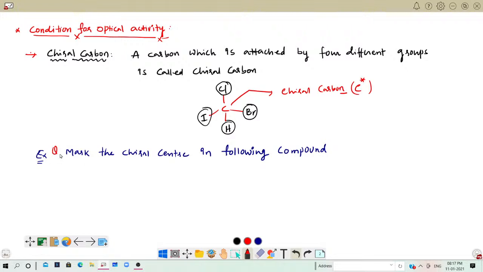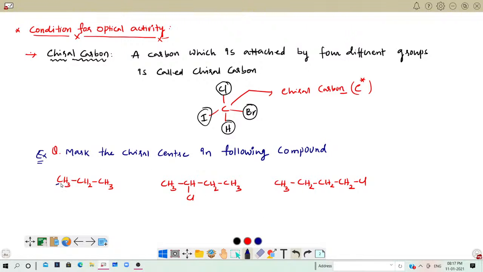So example, CH3, CH3, Cl. Do we have any chiral carbon in these given molecules?